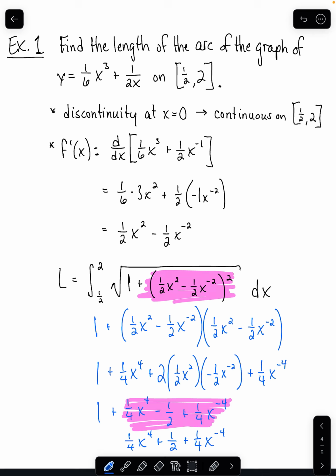And now we get the desired goal of the square and the square root canceling out, leaving us with a polynomial style integrand where the power rule can be applied to both terms.